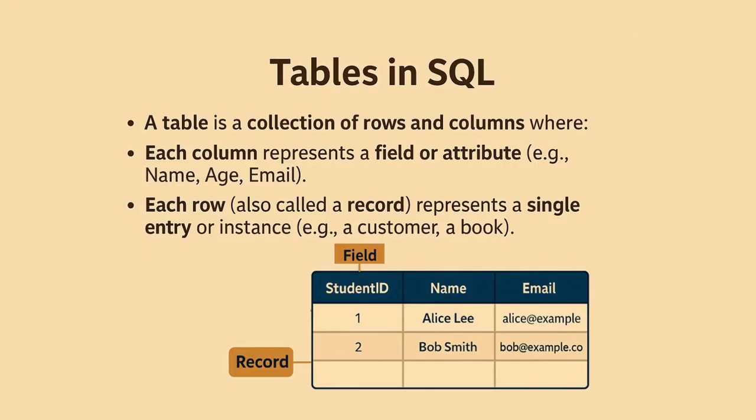The rows are records or samples of data, a single entry about one entity, like customer, student, book, order, etc. So here we have this example: table, field or attribute, and records, the rows.